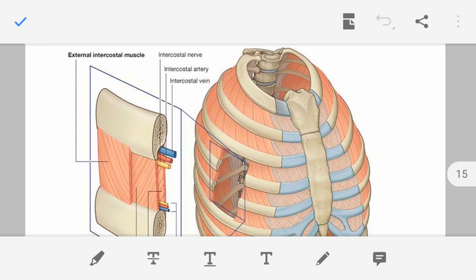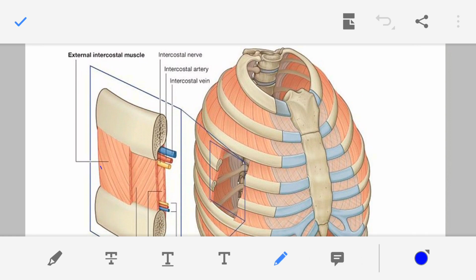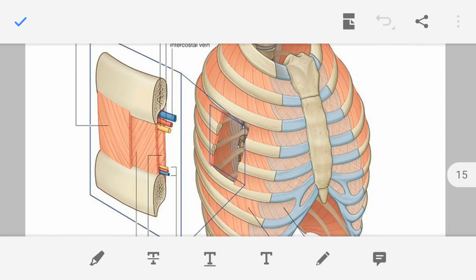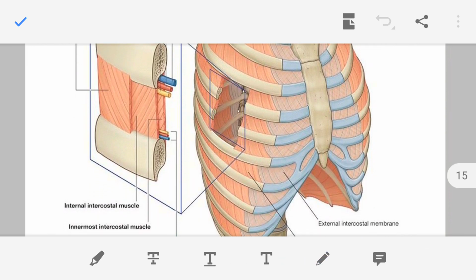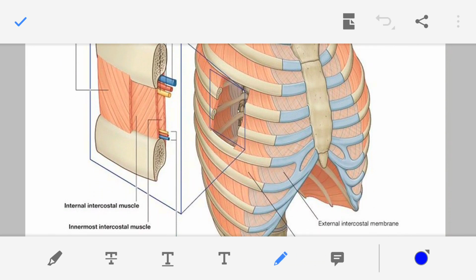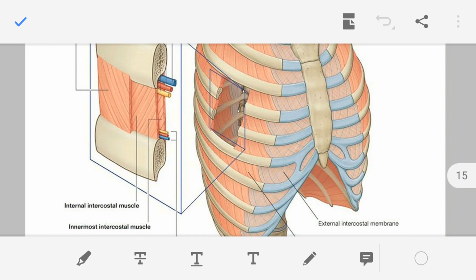So for example, as you can see, you observe this. This one is the 1, this one is a 2, 3. Three muscular layers. So this one is known as external intercostal muscle. Then in the middle, we are having internal intercostal muscle, and this one is the innermost intercostal muscle.